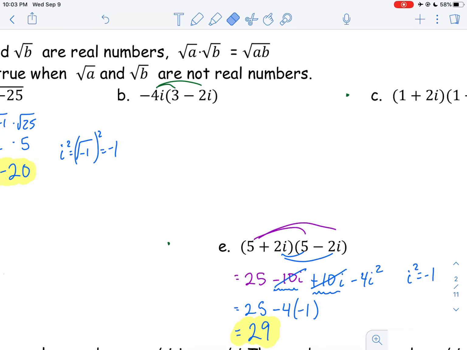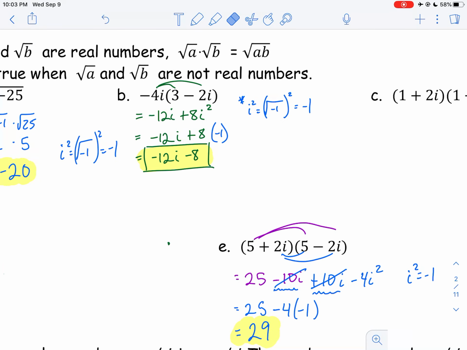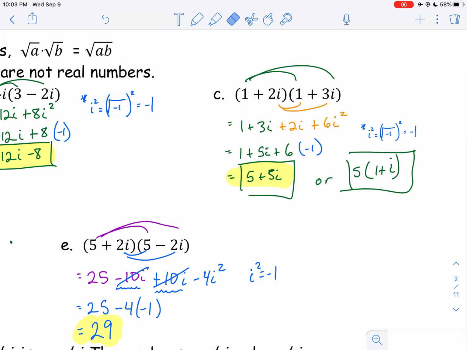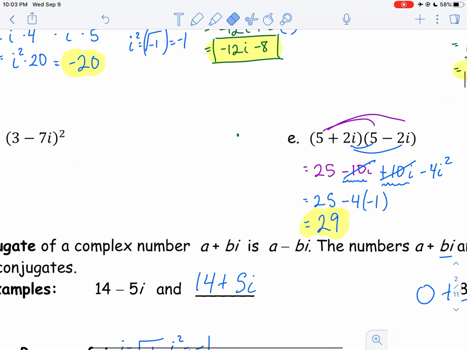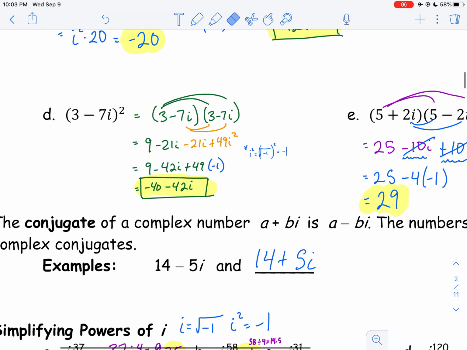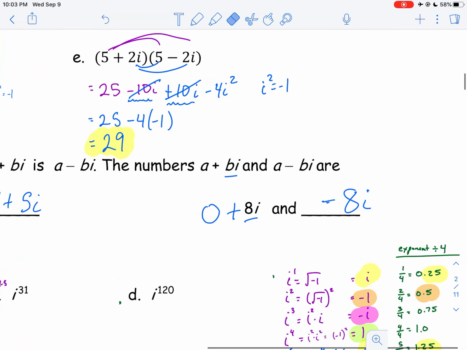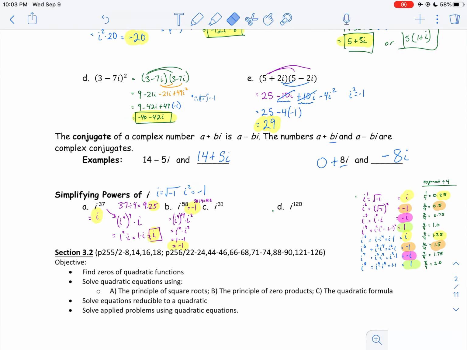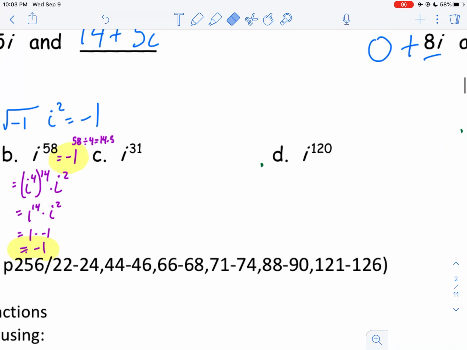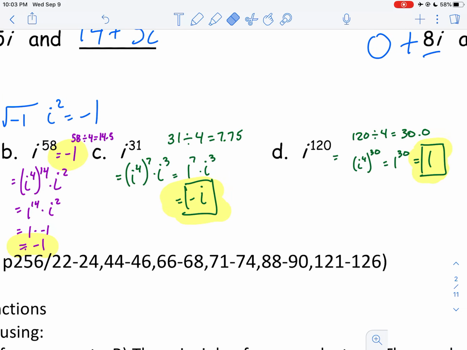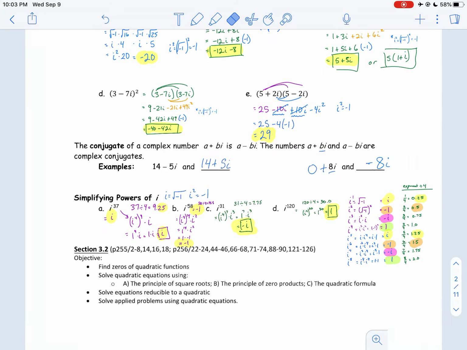Multiplication here. Another multiplication. Squaring. And a couple here simplifying. And that concludes this video.